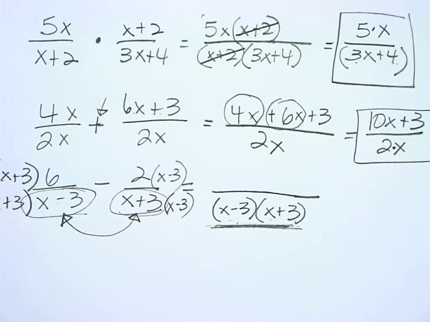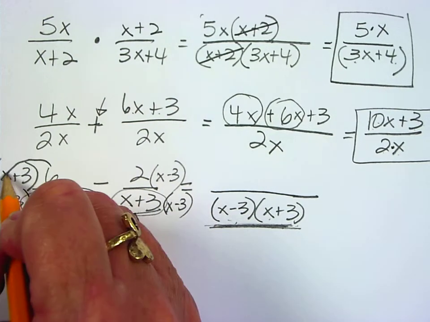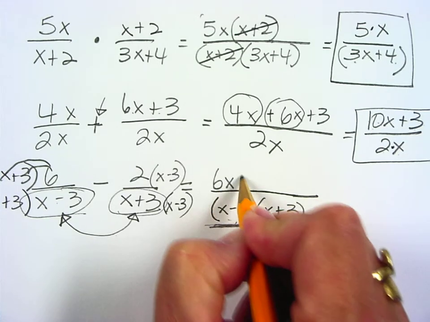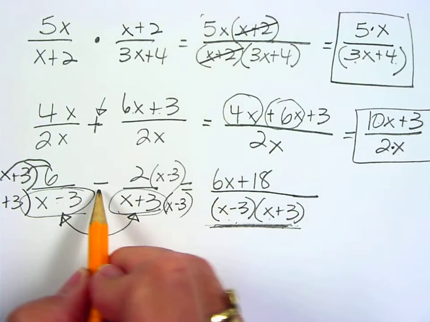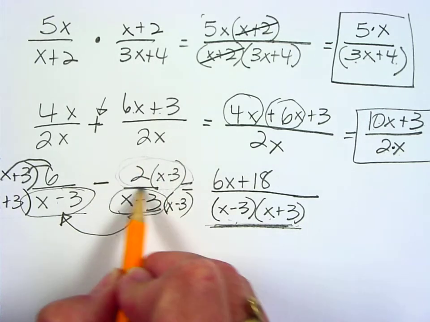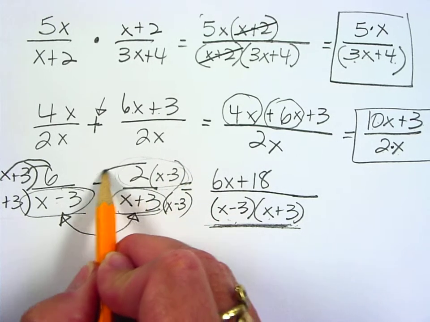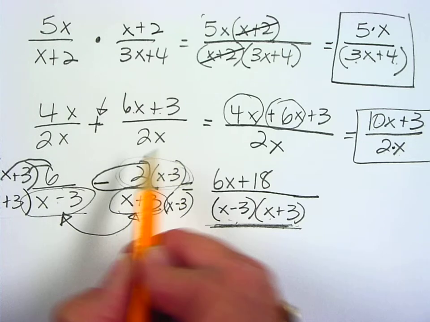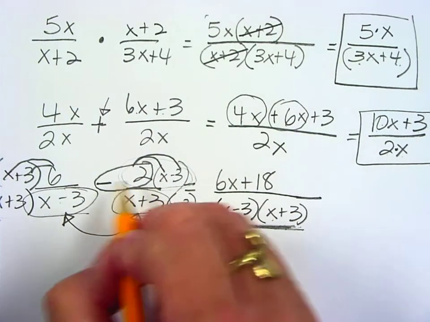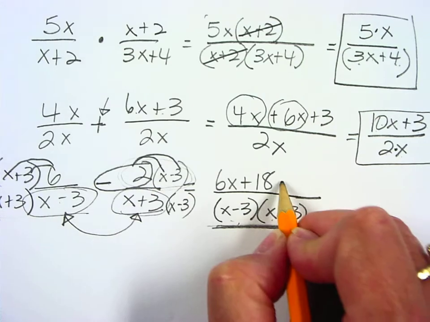Now, let's see what's going to happen. Go ahead and do our distributive property. So we have 6x plus 18. Now look, we're subtracting this whole thing right here. So what we're going to do is call this -2, and we're going to distribute it to every stinking term. So we get -2x.